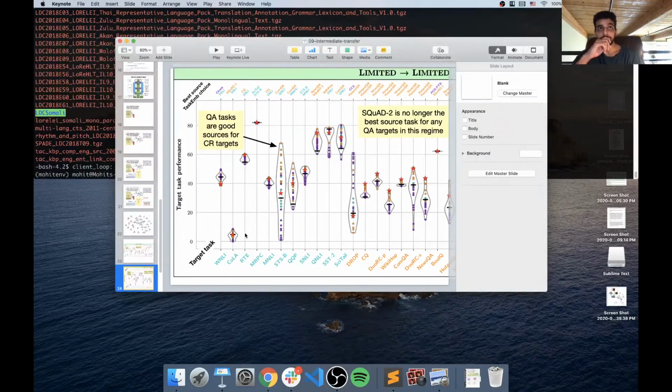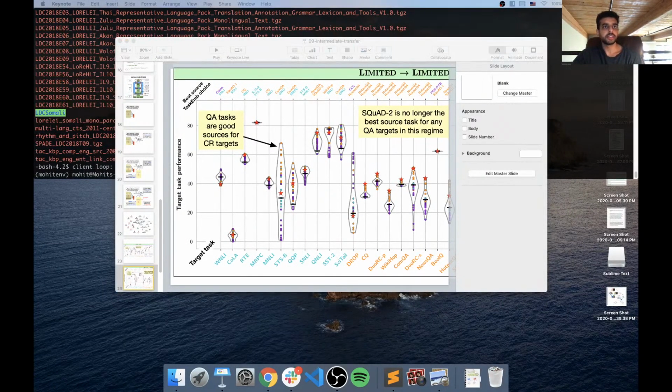Another thing I should mention before concluding this lecture, and maybe something to think about, is whether this idea of doing intermediate fine-tuning will even be required in the future when we get bigger and bigger pre-trained models, right?